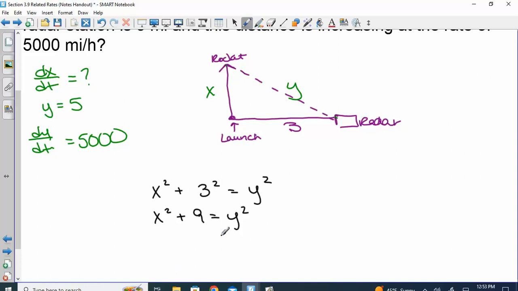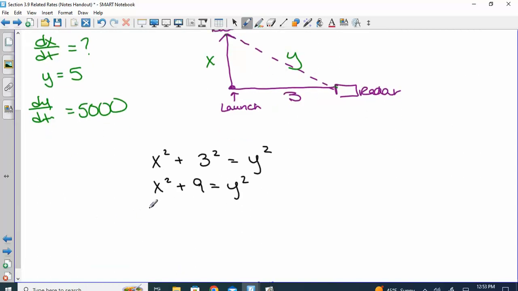Okay, so let's do the derivative of this. What is it? 2x plus 0 equals... dy/dt.